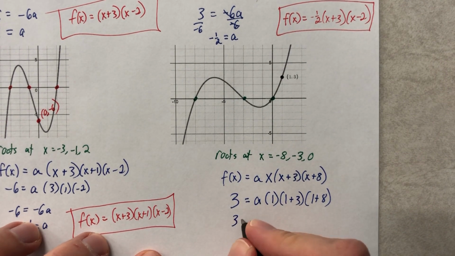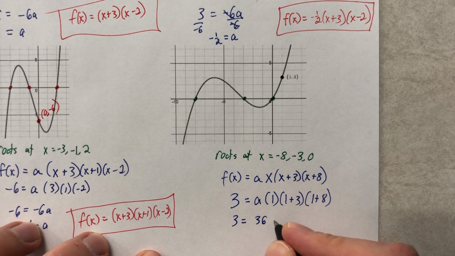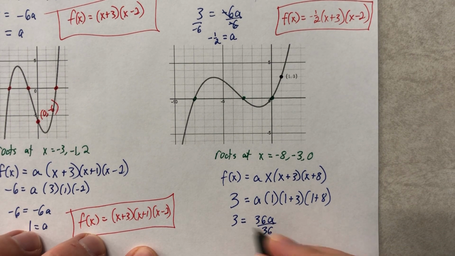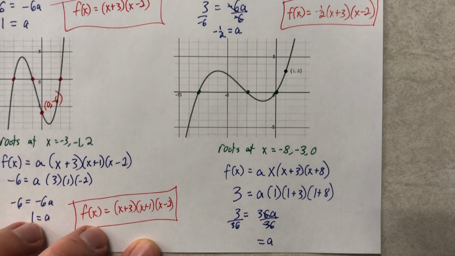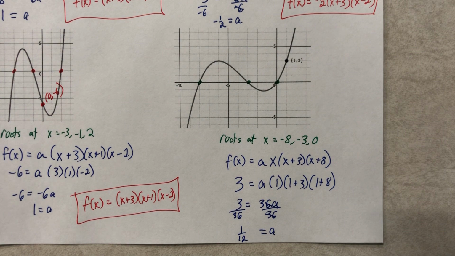Okay, 3 equals, all right, 4 times 9, that would be 36, times 1, a. So we have 36a, we're going to divide by 36, and a equals 3 over 36. That reduces to 1/12. I know what a is, you know what a is.